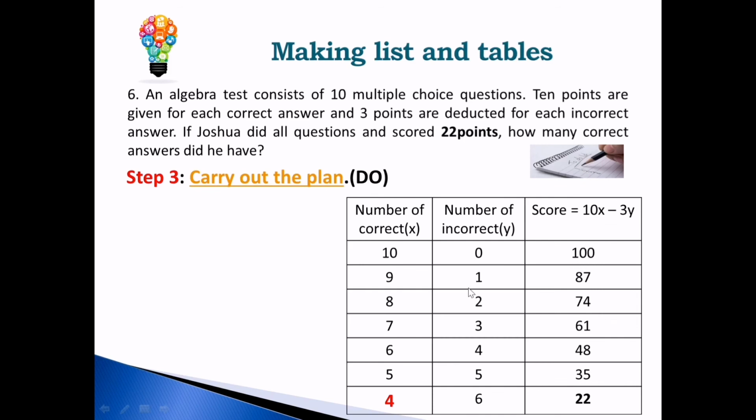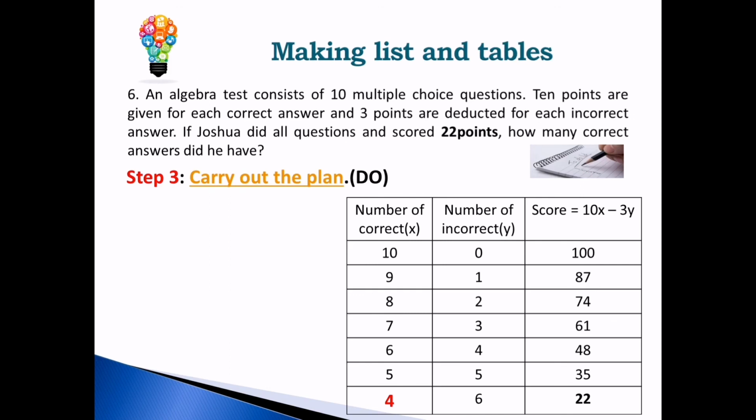Now if you make it 9 correct, and of course 1 incorrect to make it 10, then 9 times 10 is 90, 1 times 3 is 3, then 90 minus 3 is 87. The same here: 8 times 10 is 80, minus 2 times 3 is 6, that is 80 minus 6 is 74. Do the same process as you go down the given rows.